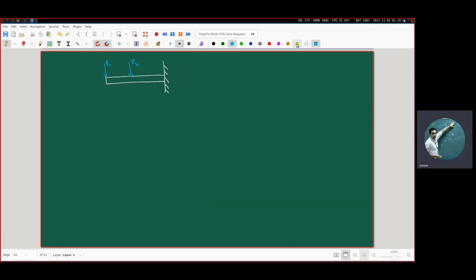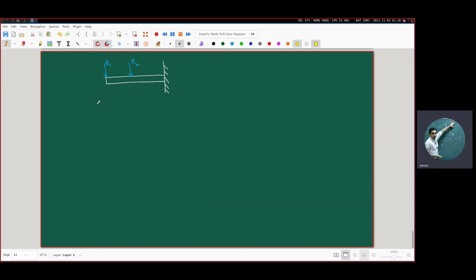So dutifully, I will write down on the left hand side the expression for the work done due to the forces, and I'm going to write down the expression of the strain energy on the right hand side. So let me do that. So earlier when there was one force involved, I wrote this as half of the force times the deflection at that point.